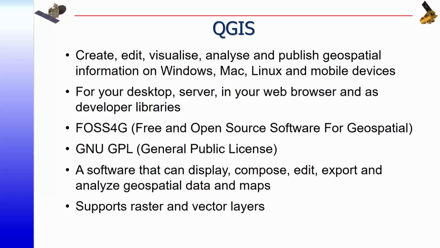So if you have some satellite image or some base map like a topo sheet or some other image, you can digitize, you can create or compose your data, you can edit existing data, you can then analyze it by running geoprocessing tools like buffer, union, etc. And finally, you can also do advanced spatial and network analysis on QGIS. So it is a very popular GIS software which has all the capabilities of any standard GIS software.